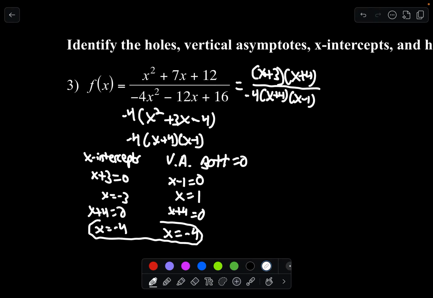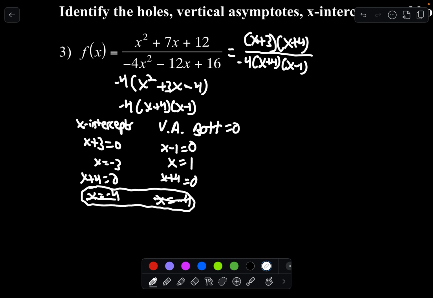Notice our zero and one of our vertical asymptotes is at the same location. They cancel each other out. So it is not a zero, it's not an x-intercept, and it's not a vertical asymptote. We call this a hole. And basically, the way you look at it, you see the x plus 4 here. So that divides out with this x plus 4. It leaves a hole in between. So there's a hole at x equals -4.